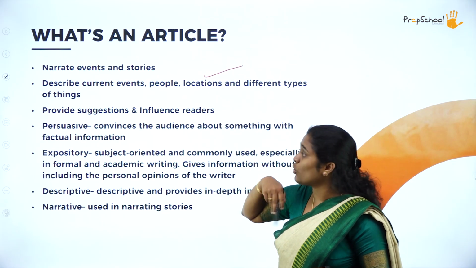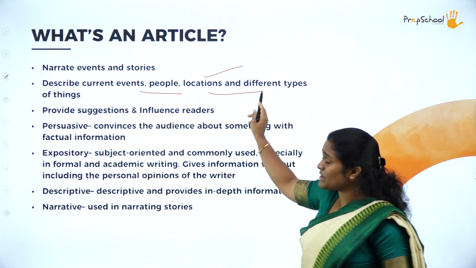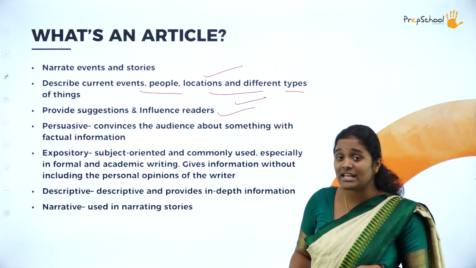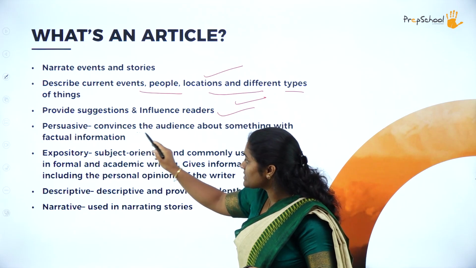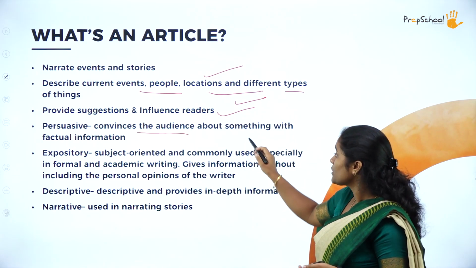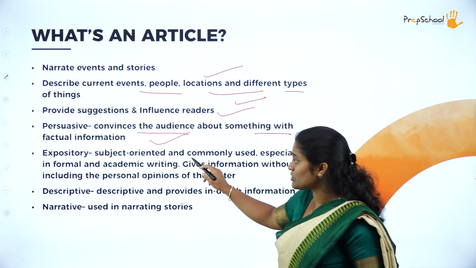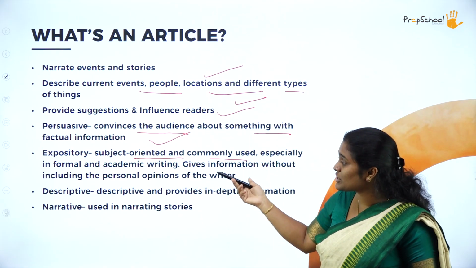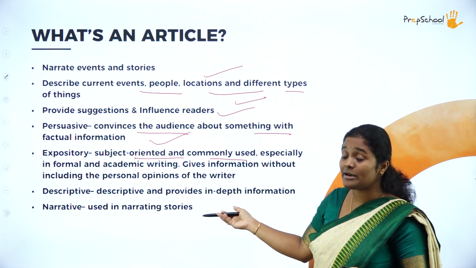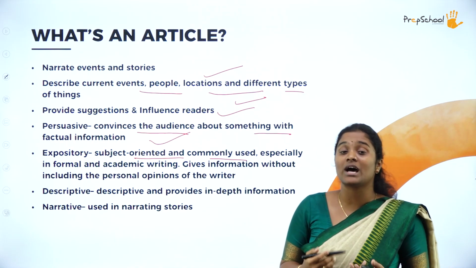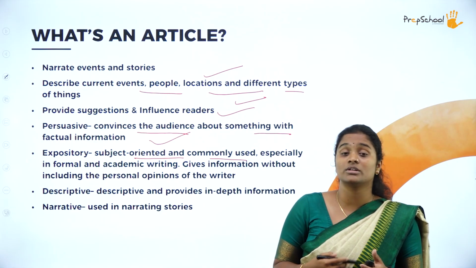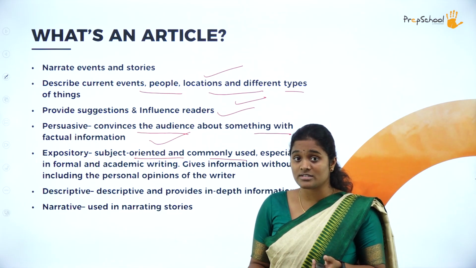Narrate events or stories, describe current events, people, locations, different types of things, provide suggestions, influence the readers, persuasive, convince them about something, okay? Factual information, expository, it could be subject-oriented, commonly used especially in formal or academic writing. There also you can use article writing. You've also heard of many people publishing their articles in international, national journals, right?